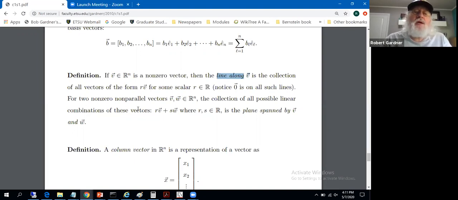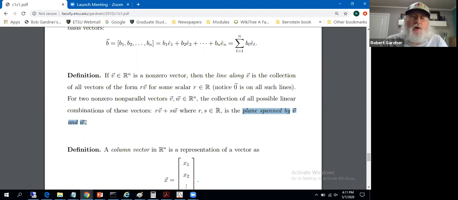Suppose you took two non-zero, non-parallel vectors, v and w, from Rn. The collection of all possible linear combinations of those two, that'd be r times v plus s times w, where r and s are any scalars, is called the plane spanned by v and w.